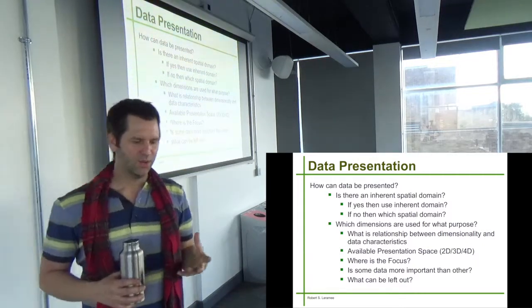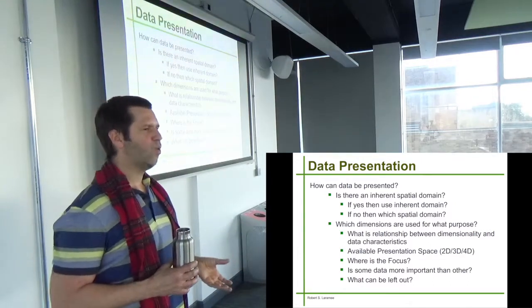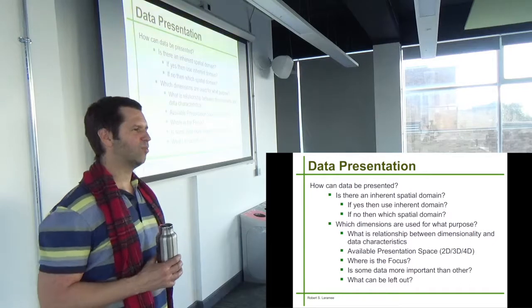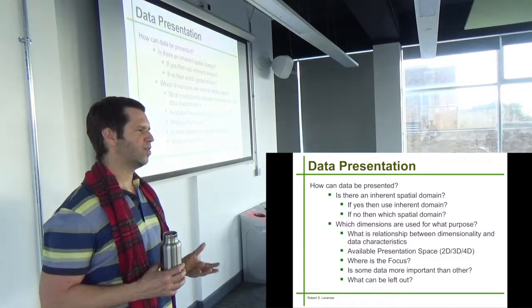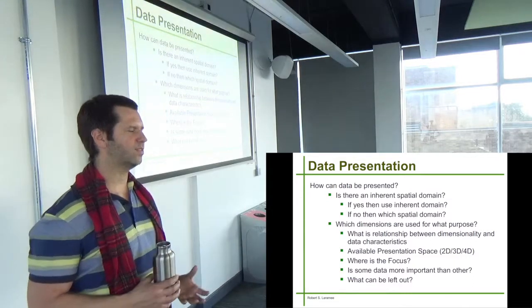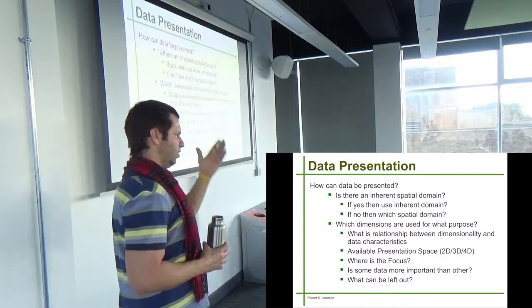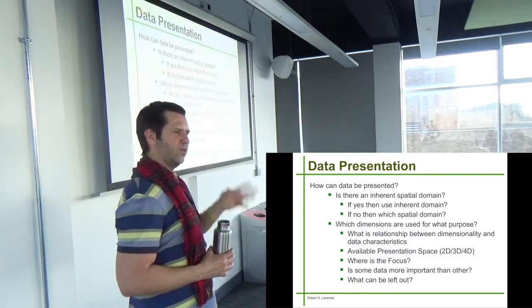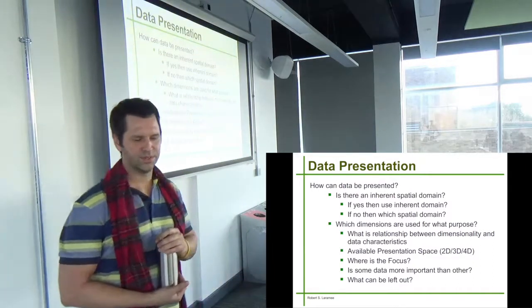So, in other words, data is not of equal importance. Some data is more important than other data. So we have to think about, okay, well, what is the more important stuff and what is the less important stuff? Can we just leave out the unimportant stuff? Right? And we'll see lots of examples of that.